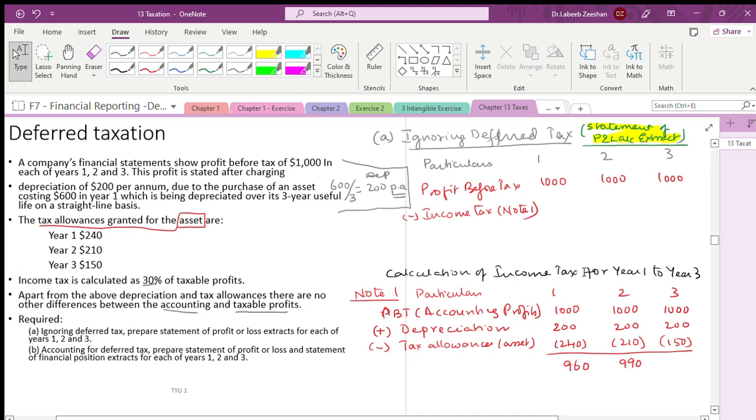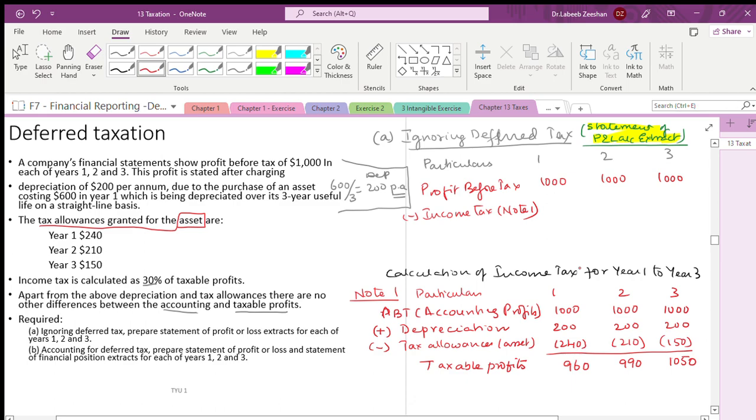I don't have my smartphone with me, I have kept it on charging. 1200 minus 150 comes to 1050. This is called the taxable profits.